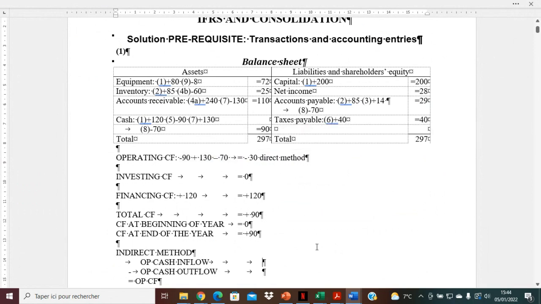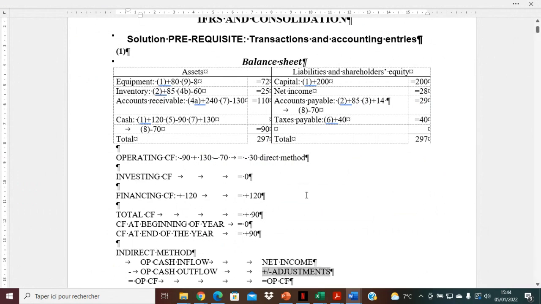But with the indirect method, I will derive operating cash flow from net income. So actually, I will start with the accounting profit, and then I will do adjustments. And doing these adjustments will also lead to operating cash flow. That's the idea. So why do I need to do adjustments?